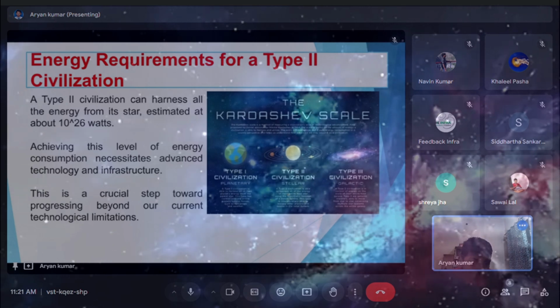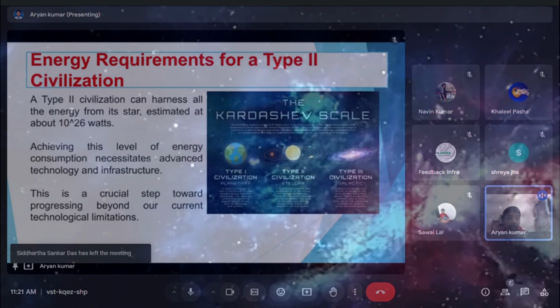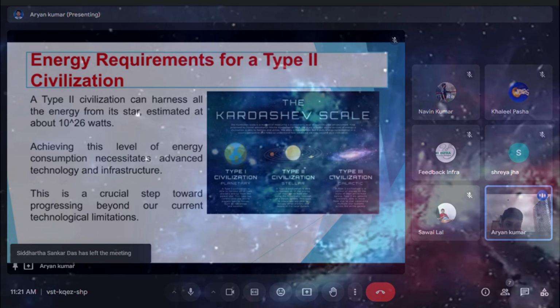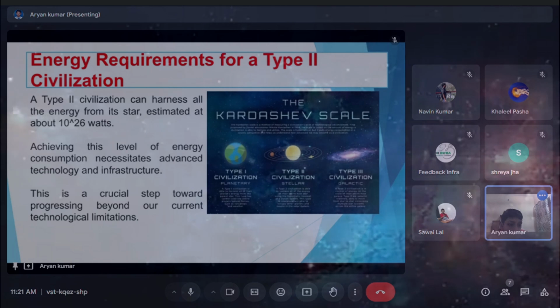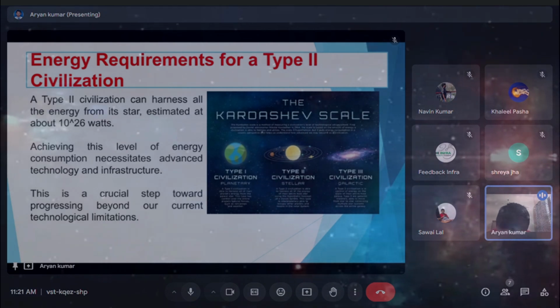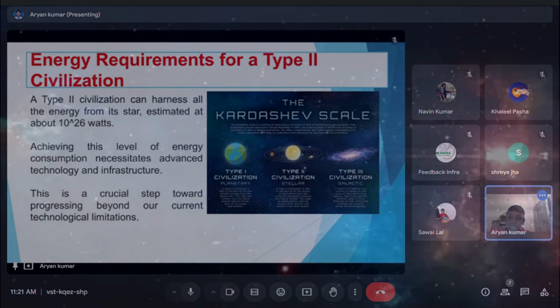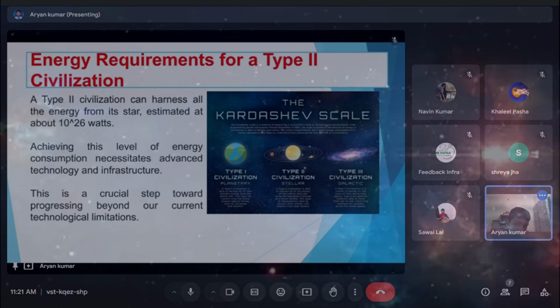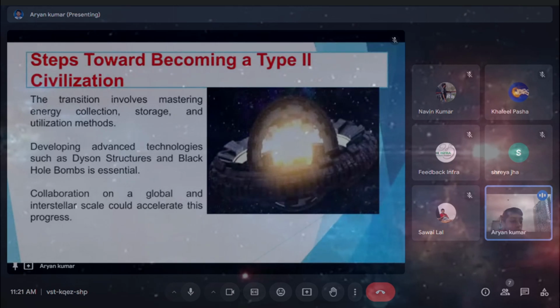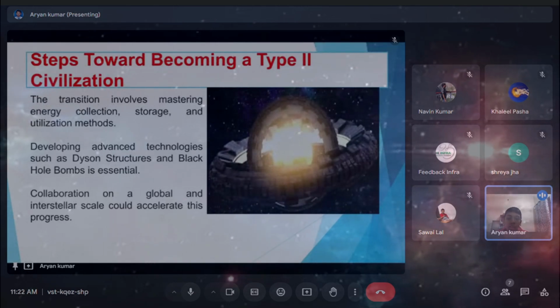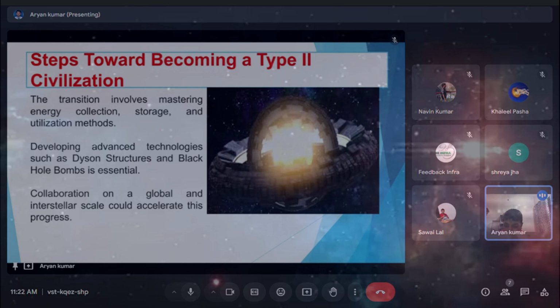So till now we have discovered two things to become a type 2 civilization, but we cannot do any of them because we do not have the resources. But there are a few things that we can do to advance, and we will discuss further.